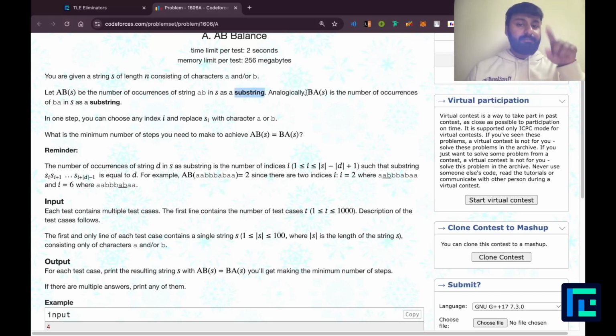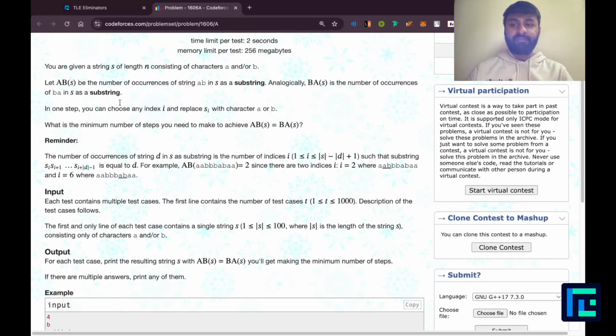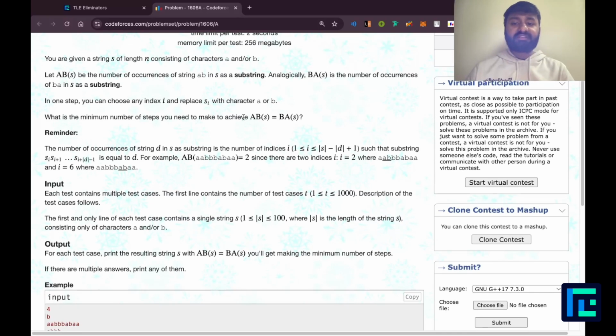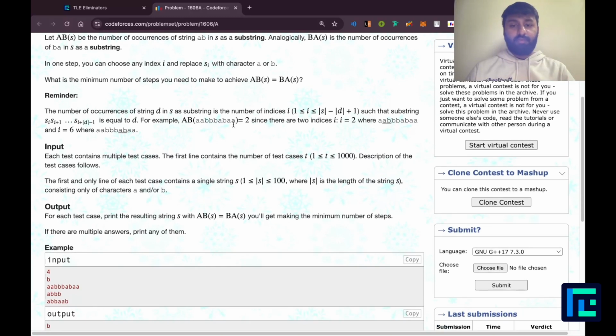Analogously, capital BA of S is the number of occurrences of small ba in S as a substring. In one step, you can choose any index i and replace Si with either A or B. Now, what is the minimum number of steps you need to make to achieve AB of S equal to BA of S? This is what is given to us.